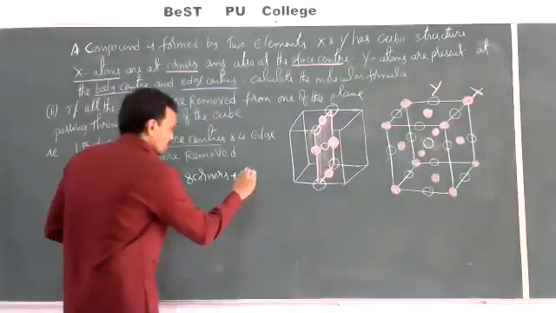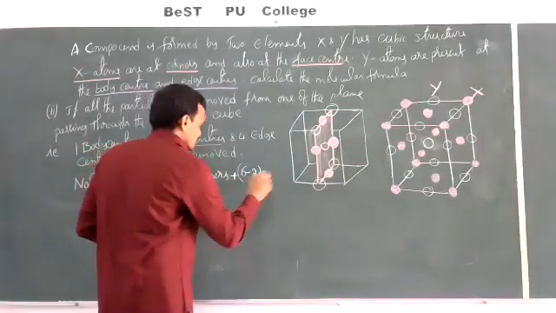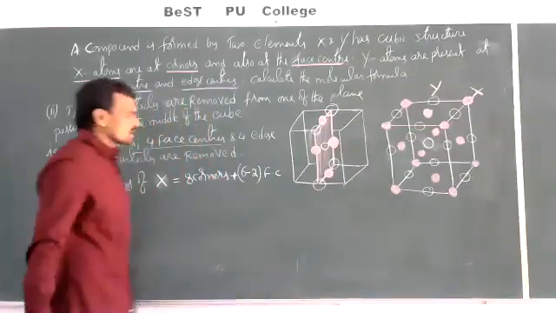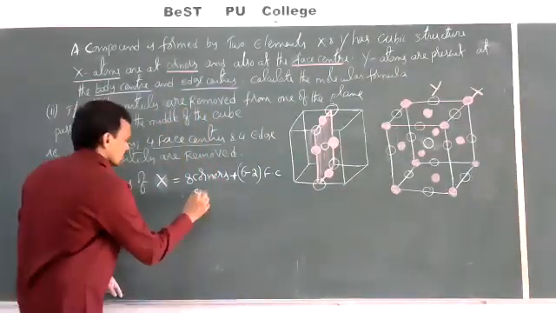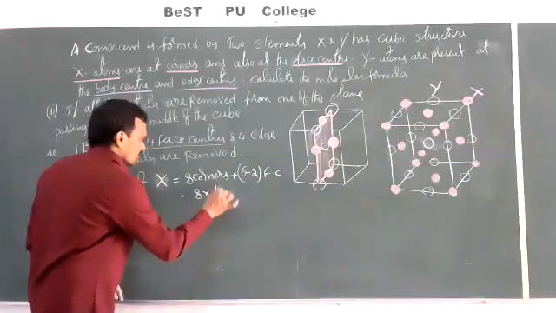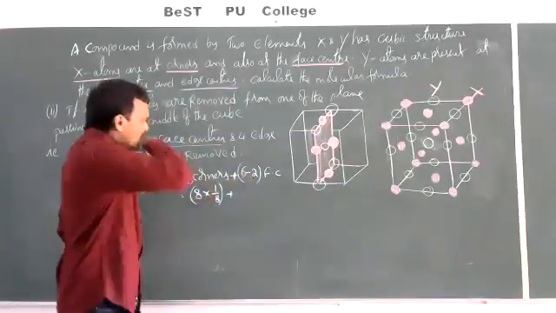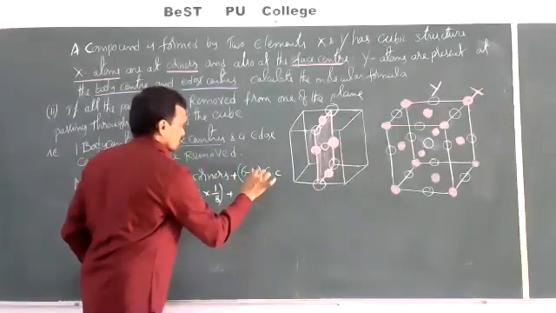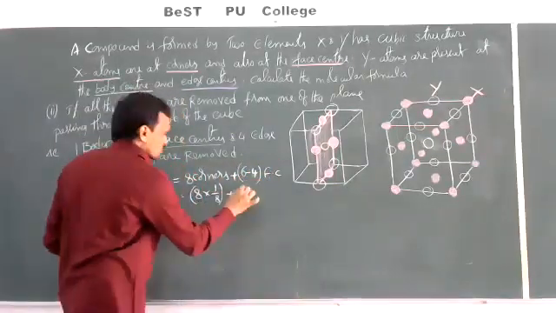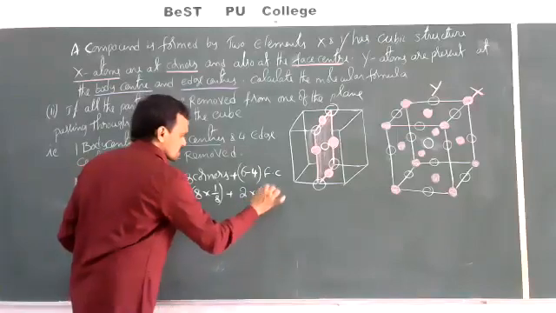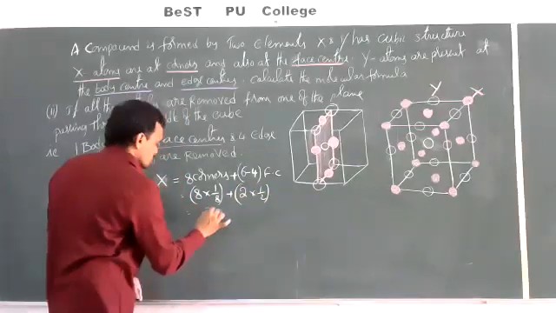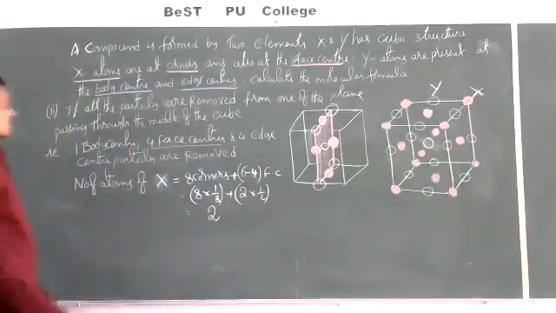Then what is remaining now? 6 minus 4, that is 2 face centers. Just calculate the contribution here. So this is equal to 8 into 1 by 8 plus, out of 6 minus 4, remaining is 2, 2 into contribution is half. So this is 1 plus 1. 2 atoms of X are present.